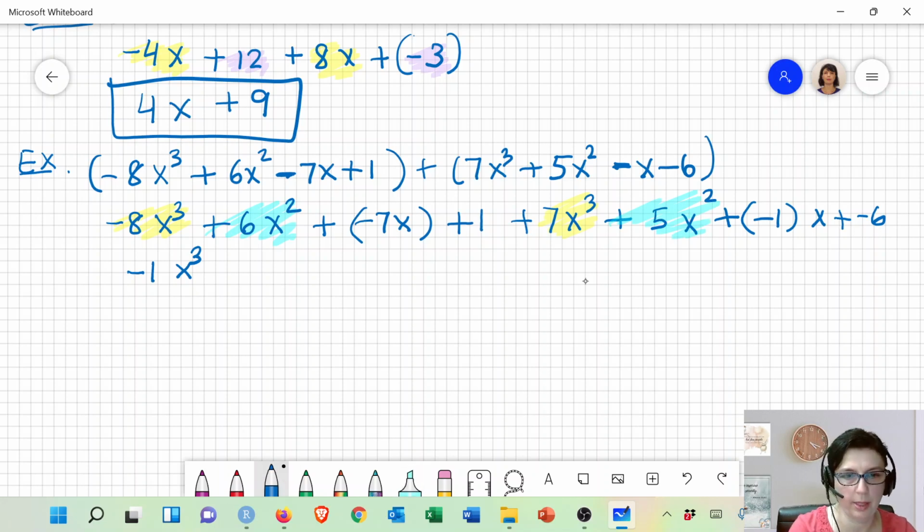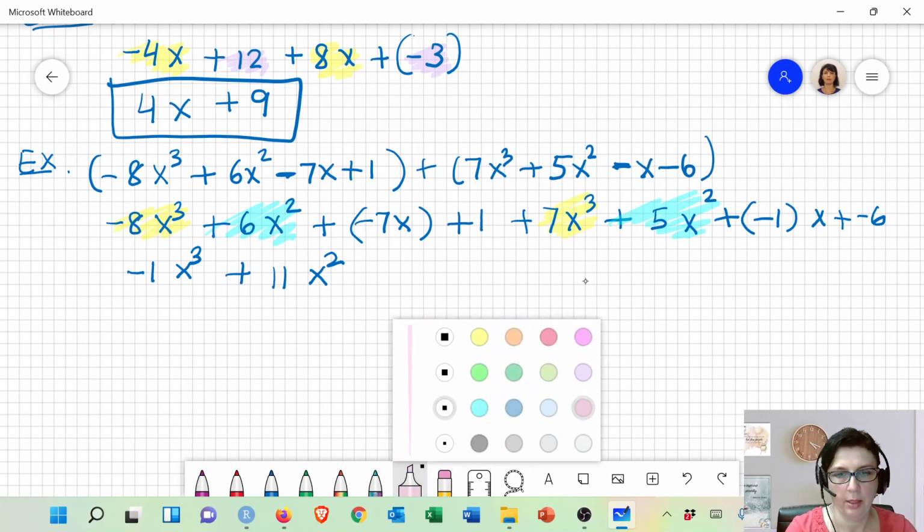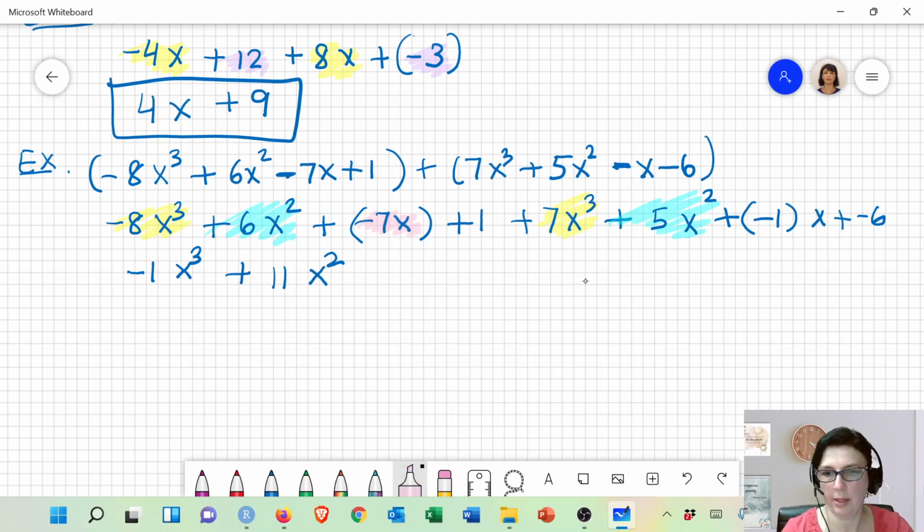So what is that? Well, 6 plus 5 is 11x squared. All right, next. Let's do minus 7x minus 1x. So it's minus 7 minus 1. On the calculator, we will see that that's minus 8x, right? So x here, nothing else is changing.